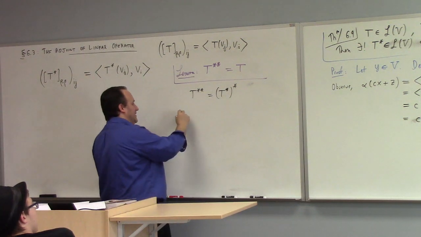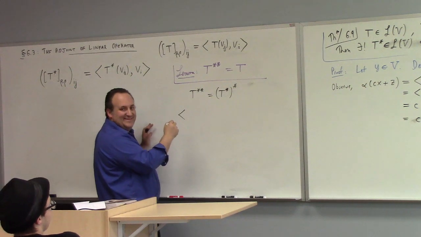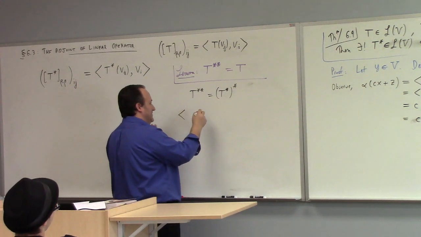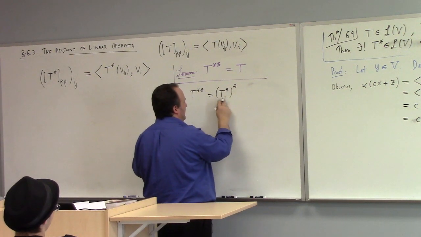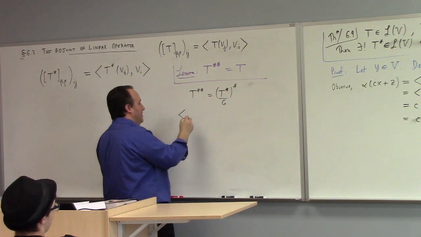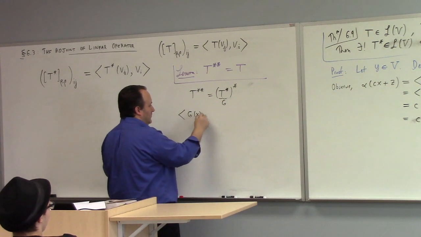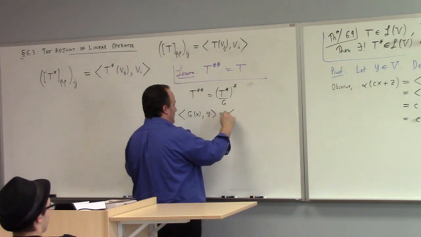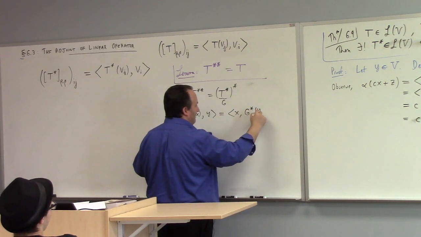So Sam already sees it. I'm kind of brain dead. So what should I write down? You could let T star equal g and then take a g star. So let this be g, but how does that help me? Then you could apply the definition of g star. So g of x, y would be equal to x, g star y? Like that?